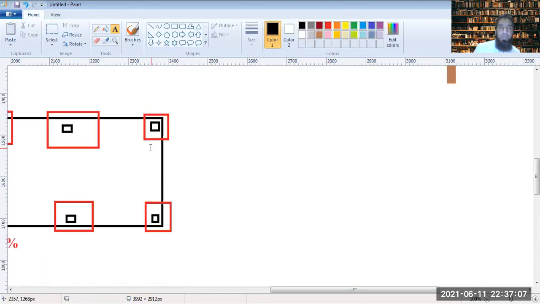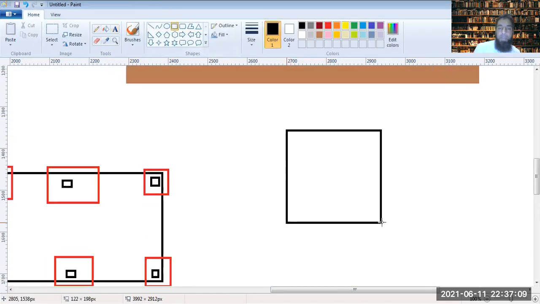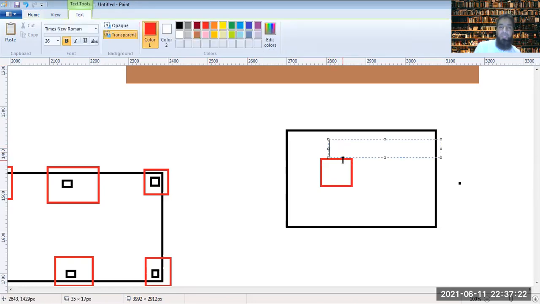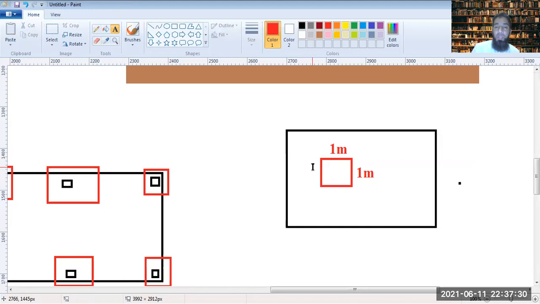For example, this is the plan of the footing that you have. There is 1 meter square of the area of this footing, 1 meter by 1 meter, over which there is a uniform distribution of pressure exerted from the soil onto the footing.